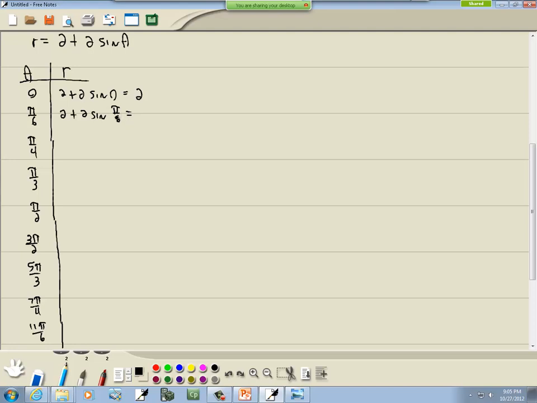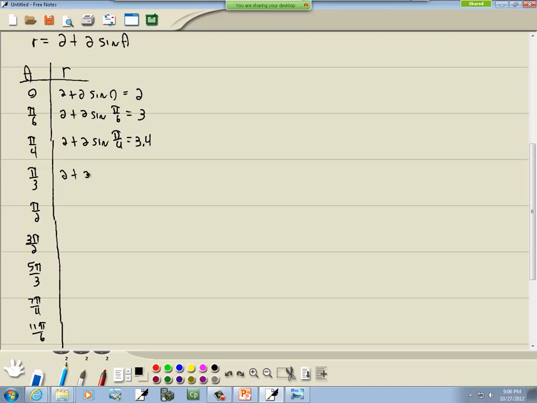Sine pi over 6 is 1/2 times 2 is 1, so that gives us 3. And here we got 2 plus 2 sine pi over 4. Sine pi over 4 is square root of 2 over 2, which the 2's cancel, and we got 2 plus square root of 2, 3.4.